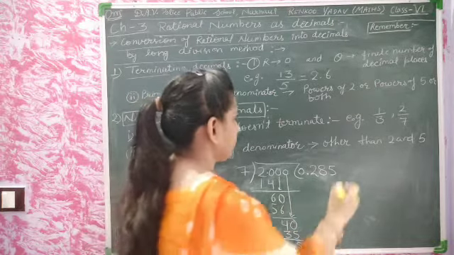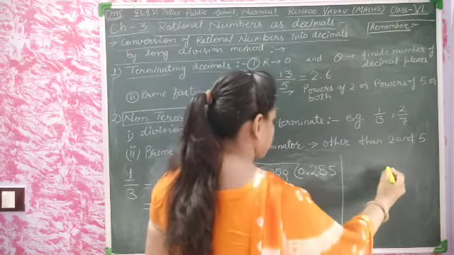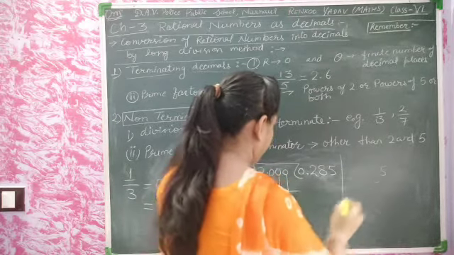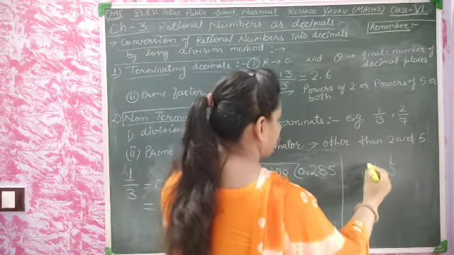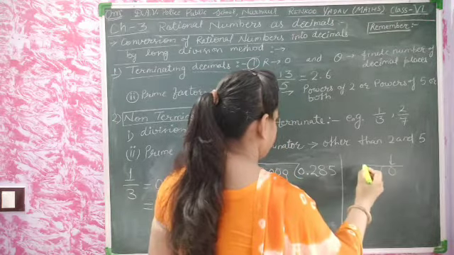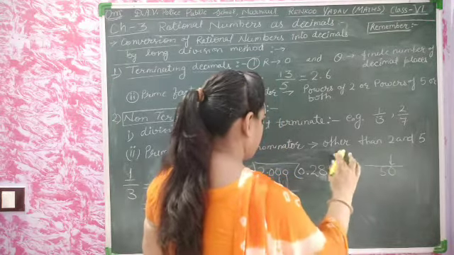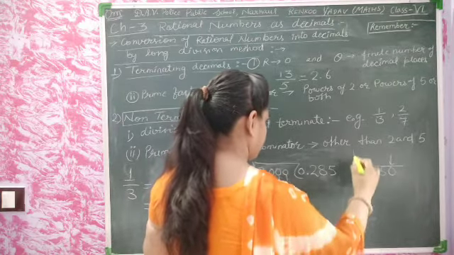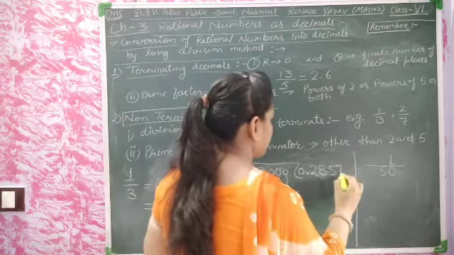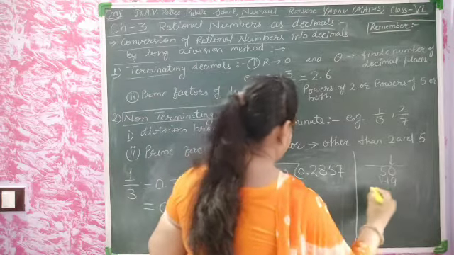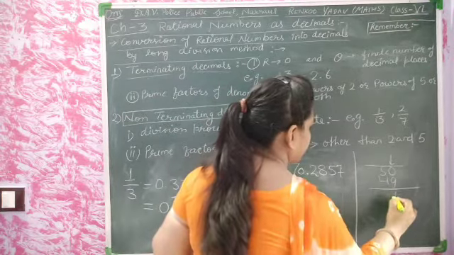We take 5, and another 0, and now 7 7s are 49, and there is 1.